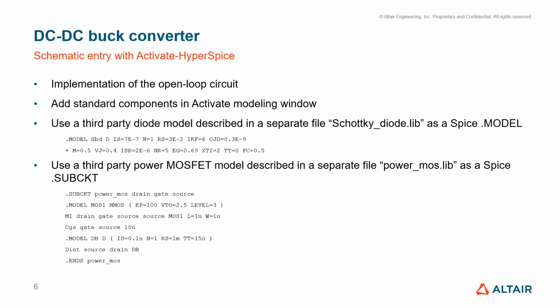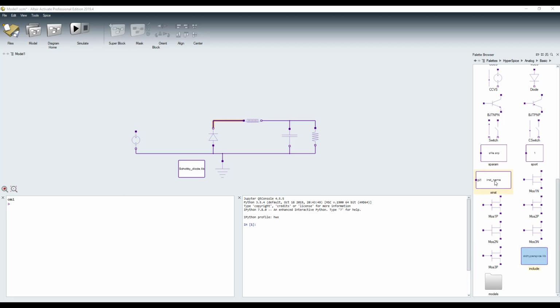Now we add the power MOSFET described in a separate file as a spice.subckt. This is another form of component model provided by electronic components manufacturers. Check the order of port names that will be used later to connect the MOSFET to the circuit. We select an instance block from the palette.